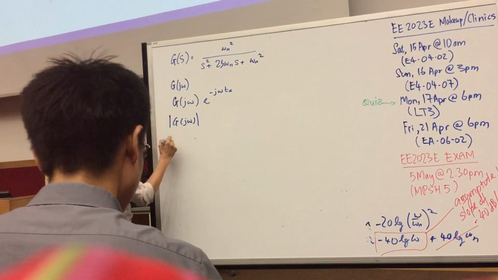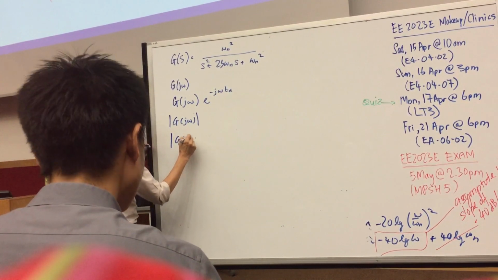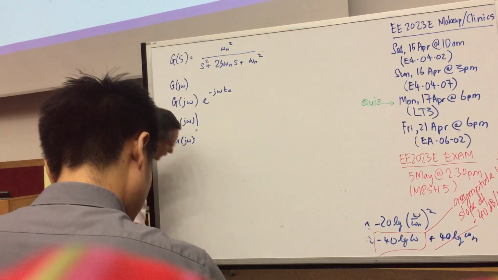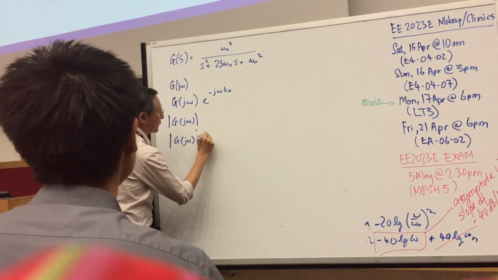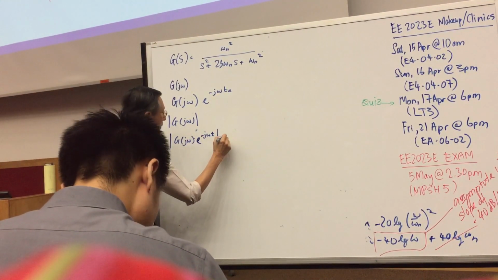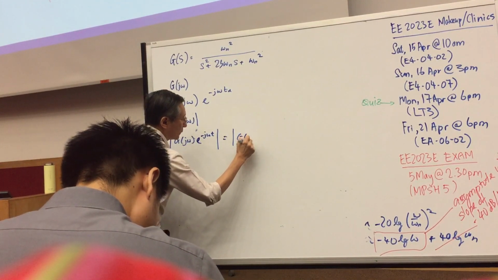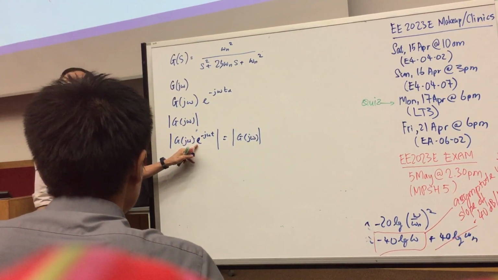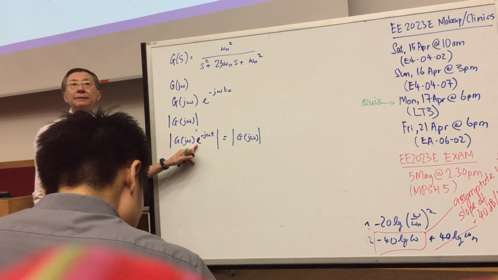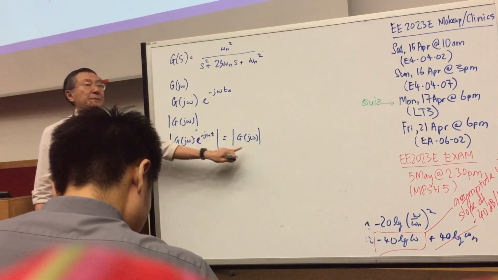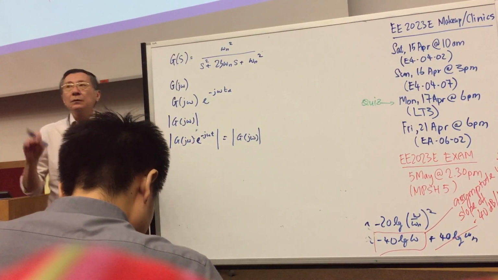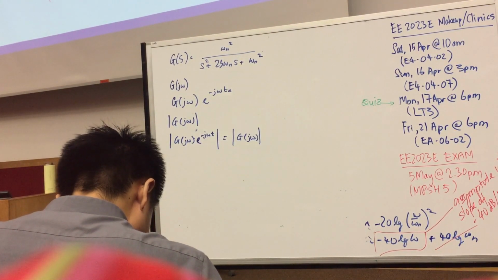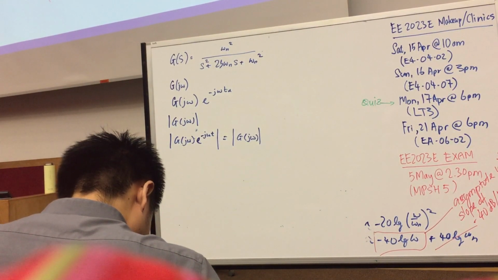If I have magnitude then, right? Because the magnitude is 1. Correct? This is the same as this. So when you have a delay, the magnitude Bode plot doesn't change. It's the same. It's not affected.